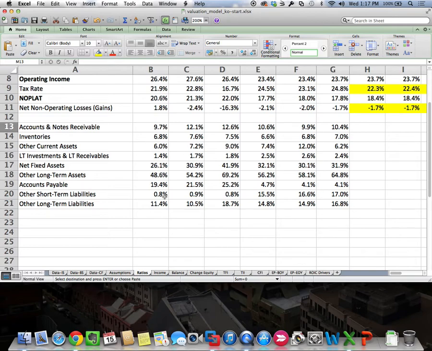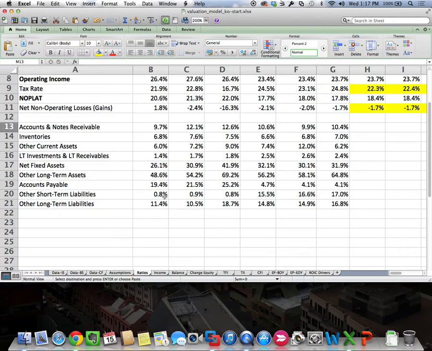So therefore, receivables should be based on sales. Inventory should be based on cost of goods sold. However, we're going to tie every balance sheet item to revenue to make things easier and more straightforward. It also doesn't make that much of a difference to your forecast and has an added benefit.